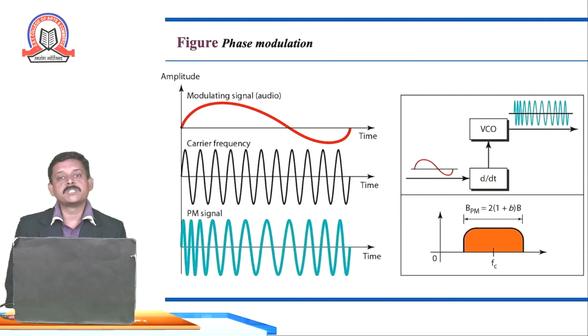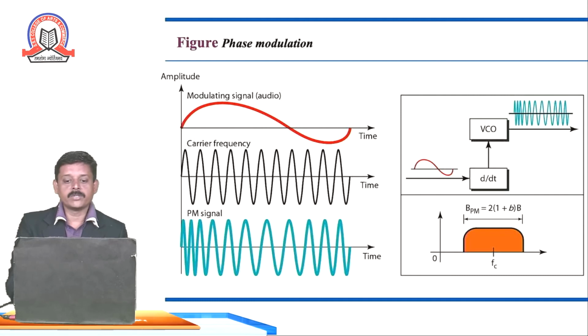So the phase has been changed as per the frequency of the received analog signal, and we can use here a voltage controlled oscillator for modulating the phase.